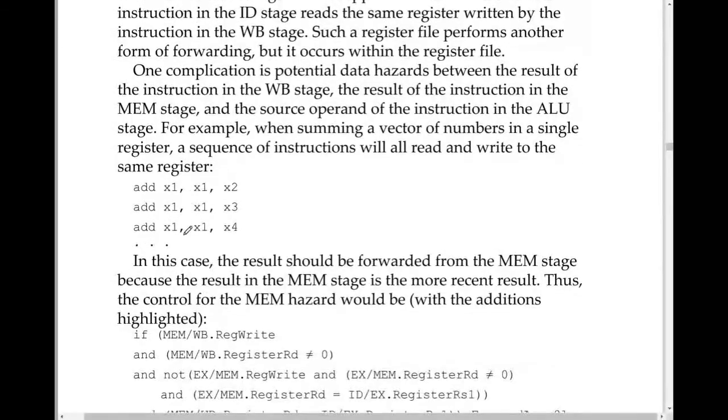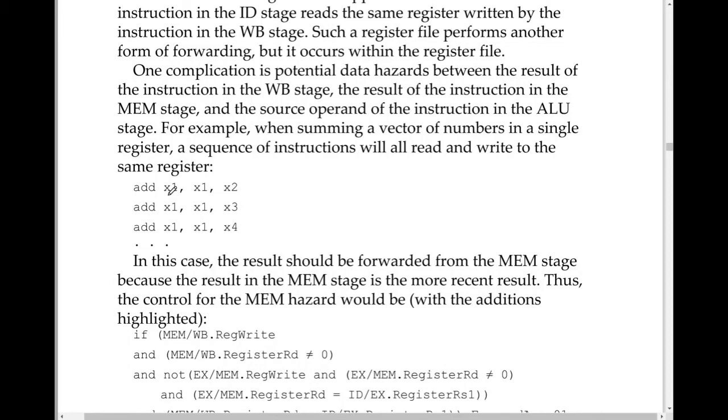Now there will be a situation like this. This is a tricky situation. You can see this instruction. If you go to this third instruction, then x1 depends on both the first and second instruction.